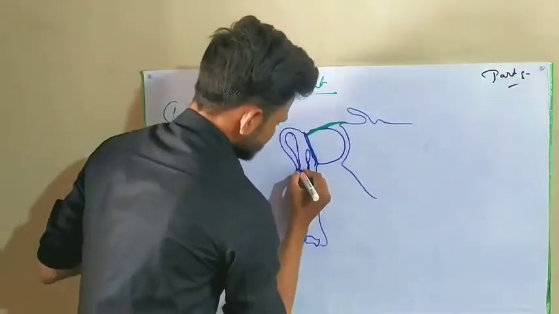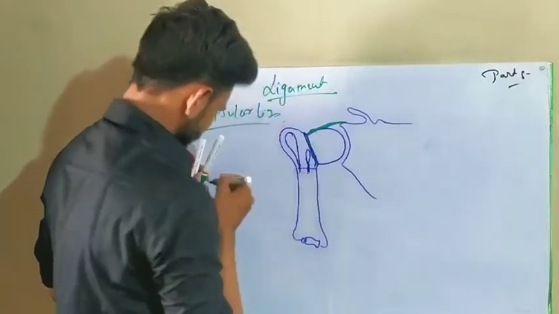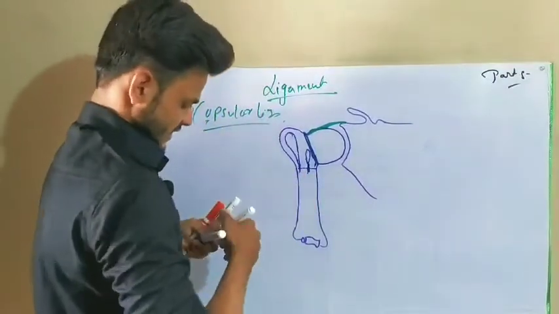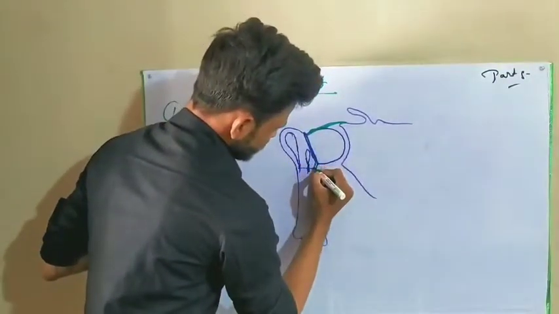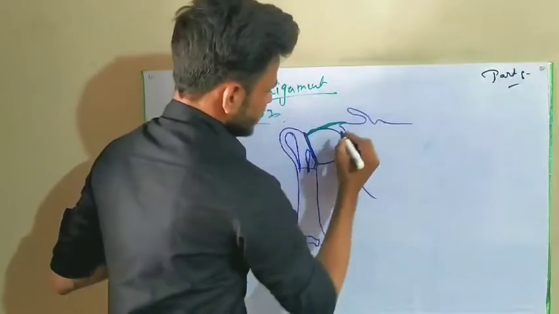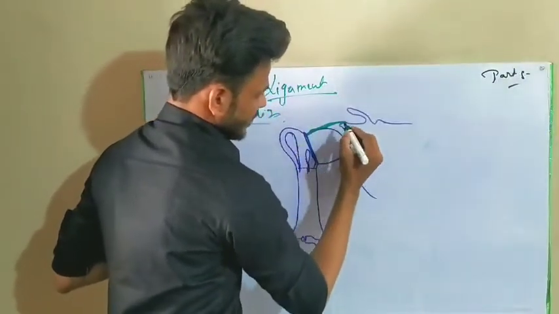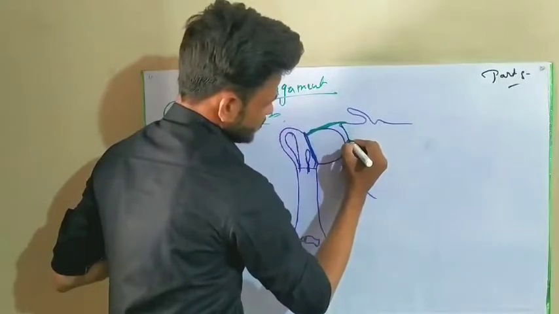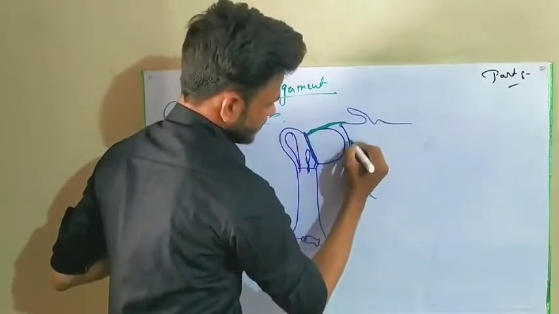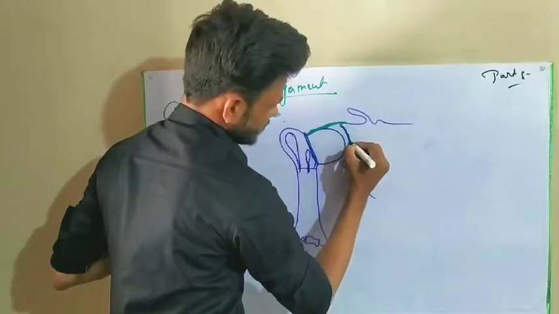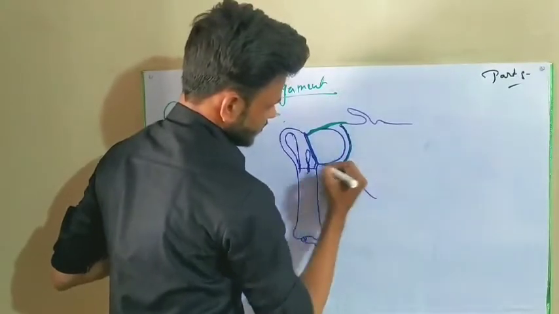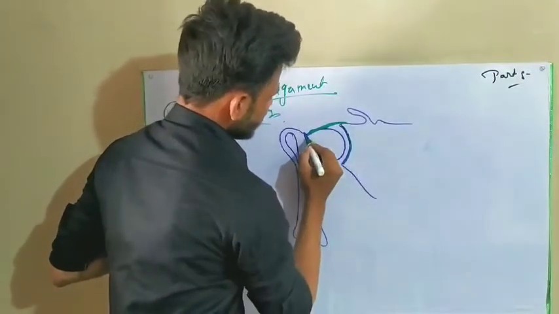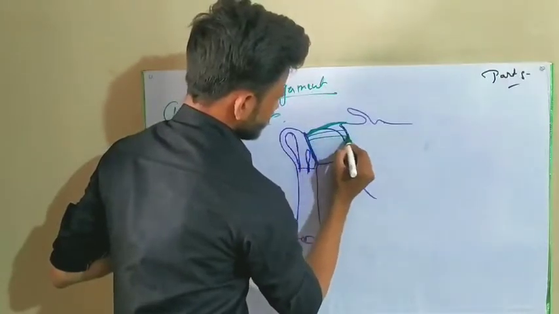This is our surgical neck. On the scapula, this ligament is attached to the margin of the glenoid cavity and forms a capsule-like structure.